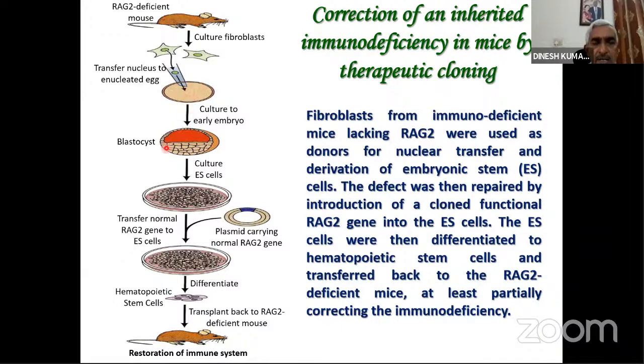Then this is a cultured embryo, and embryonic cells from it are taken into the culture media. Thereafter, a plasmid carrying the normal RAG2 gene is transferred into these embryonic cells. Now these embryonic cells contain the RAG2 gene, which was not found in this rat. Now they differentiate into hematopoietic stem cells and are transplanted into the same rat. After transplantation, it restores the immune system deficiency, which was there in the RAG2 deficient mouse.